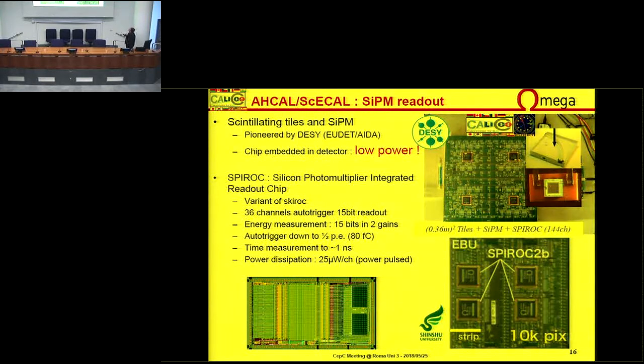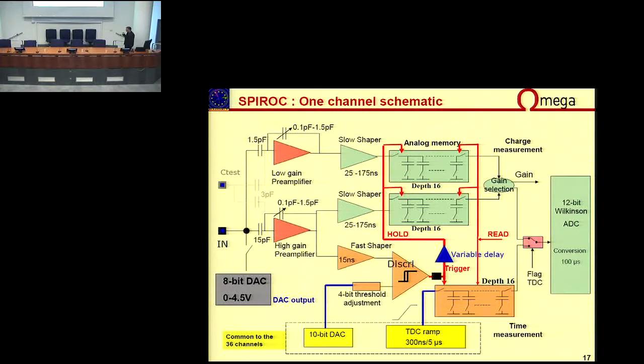They have another constraint which was not foreseen in the Skyrock: they want to measure the time. And they also need to have an input DAC which will compensate the gain variation of the SiPM.